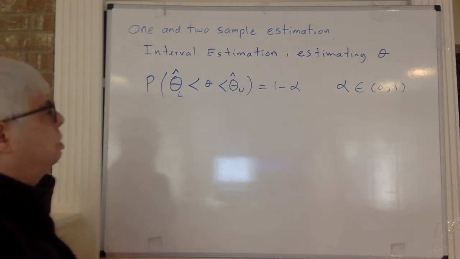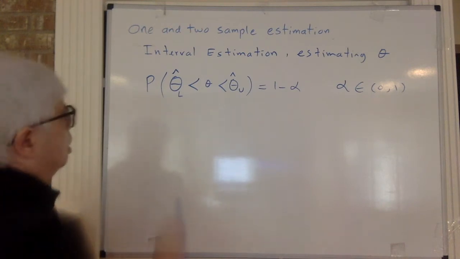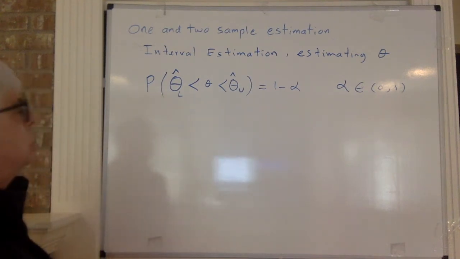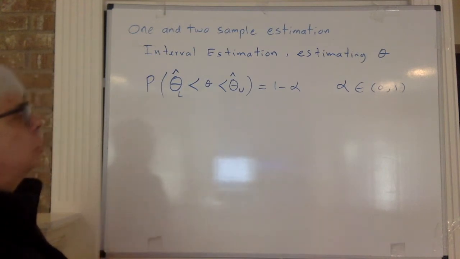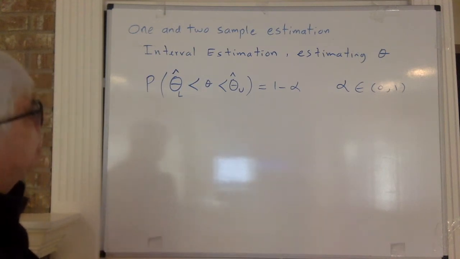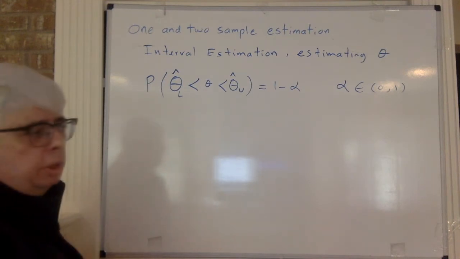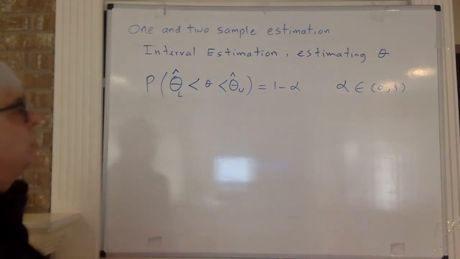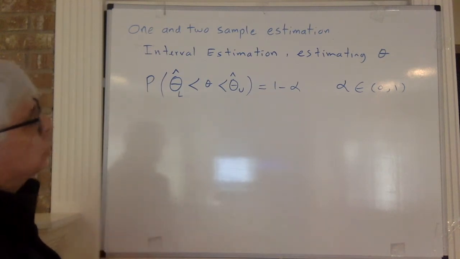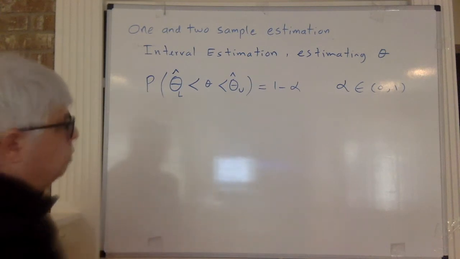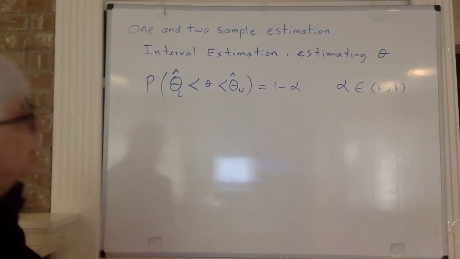In a sense, this is like a statement on the joint distribution of theta L and theta U. But what happens in practice, when I start doing one sample, and you will see what they are, is that they are like random variables related to the estimator somehow, or part of the estimator. So we use that estimator for the little theta to find these two. So it's better to give you examples, and then you will see for yourself that the two ends are in fact random variables.